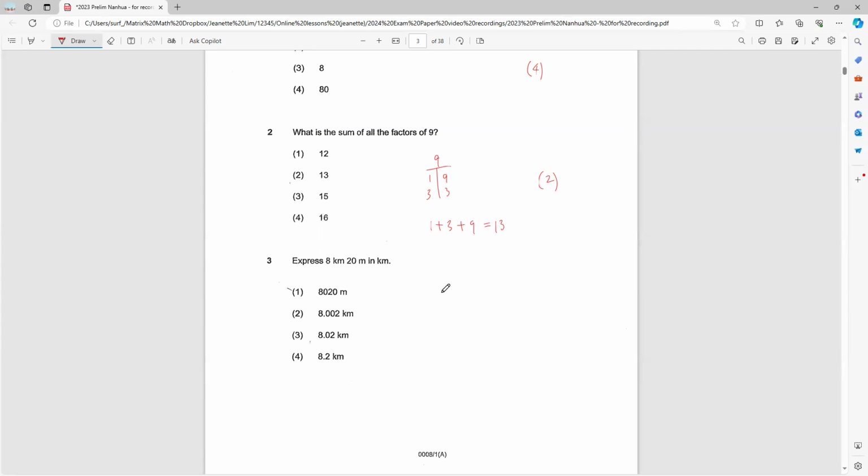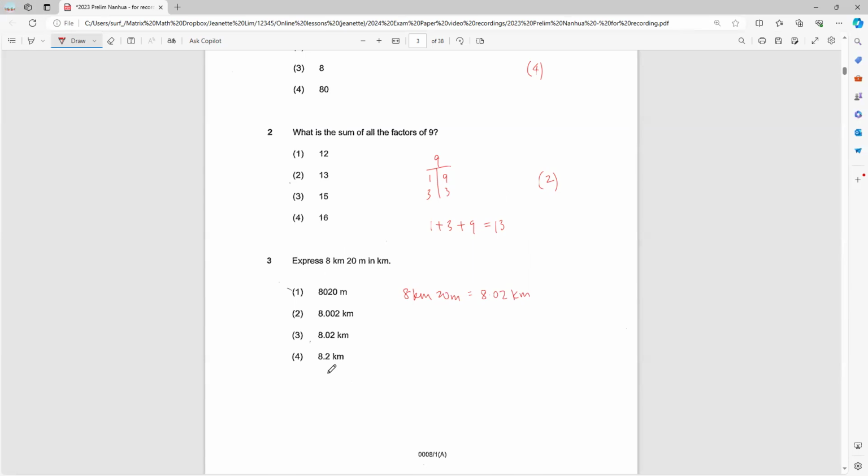Question 3, express 8 km 20 meters in km. Every km is 1,000 meters. So this is actually 8.02 in km.